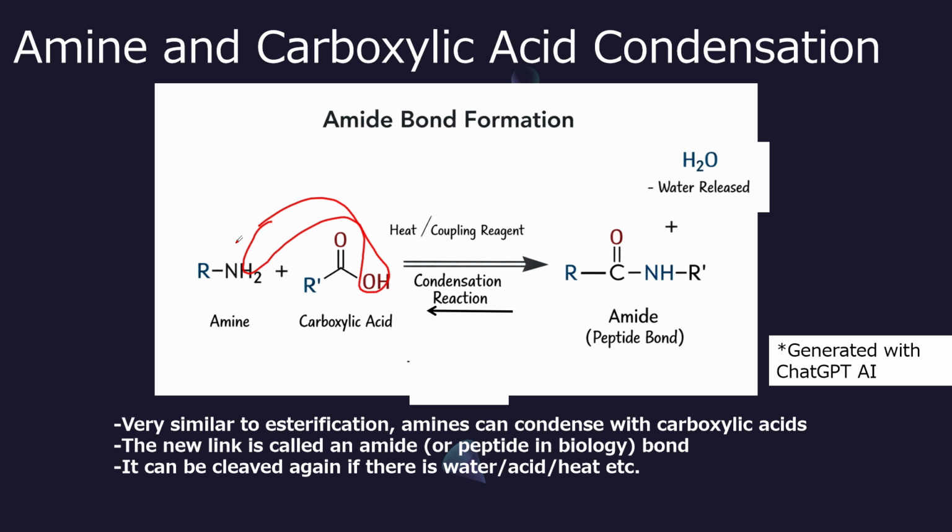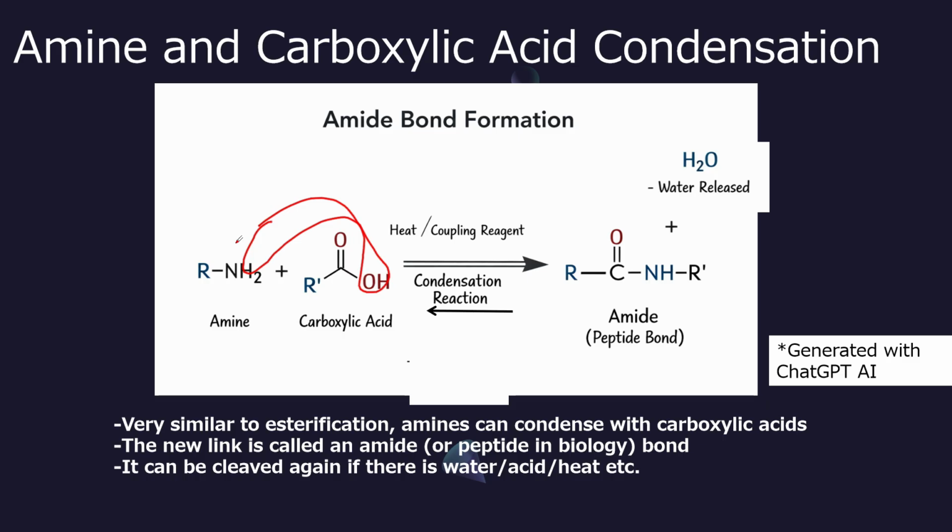If you're studying biology as well, you would know this is what makes up proteins, peptides and peptide bonds. So this is what would link amino acids together in a chain that is a protein in biology, hugely important. But we often use it in chemistry as well. So we can just heat up the carboxylic acid and amine, maybe add some catalyst or enzyme or coupling reagent, to help it go along.